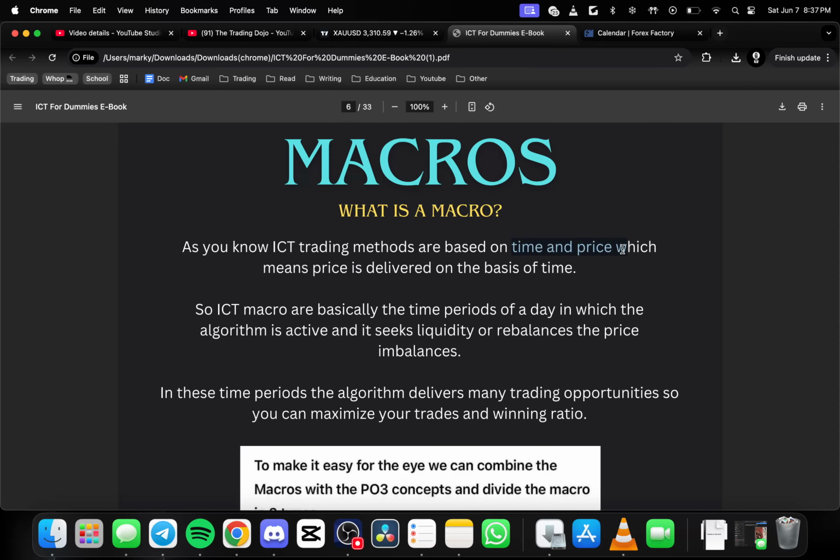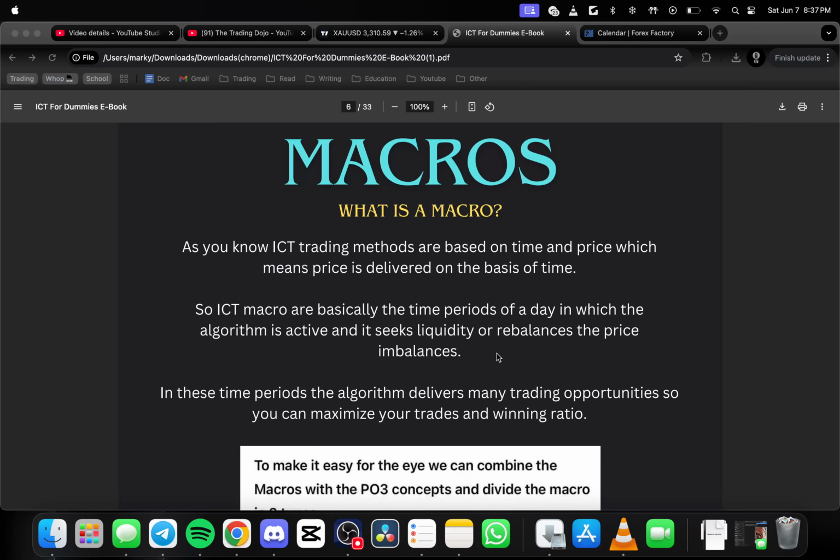So time and price. As I mentioned, one of the most important things is time, because even if you have your model, if it's in between sessions, it's not likely to play out until the session actually starts. This is one thing that you'll learn with experience, and I also learned it with experience. Even though my model was there, sometimes I'd be eager to enter because I see my model, and I enter, and it literally does not move for another hour or two, until that session actually starts, and then it runs to the target.